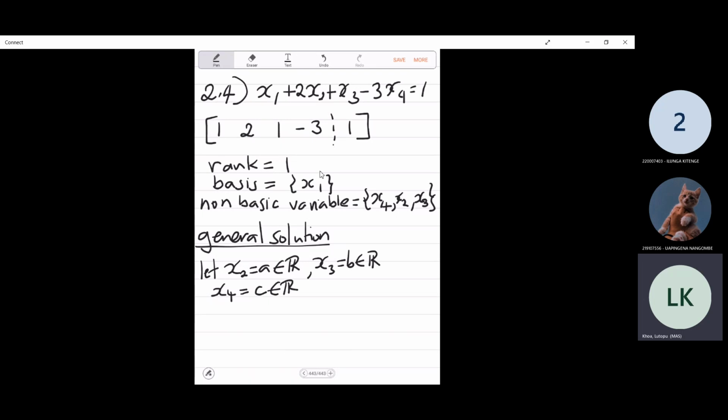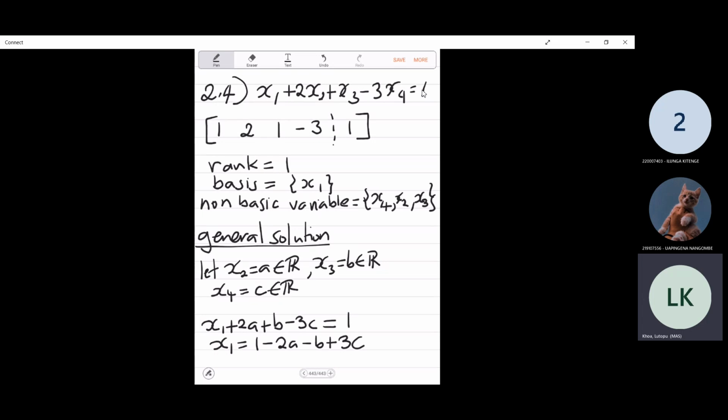And then we write the basic variable in terms of the non-basic variables. So if we look at that, I have x1 plus 2x2 plus x3 minus 3x4 is equal to 1. So that means I have x1 plus 2a plus b minus 3c. This is equal to 1, and therefore x1 is equal to 1 minus 2a minus b plus 3c.